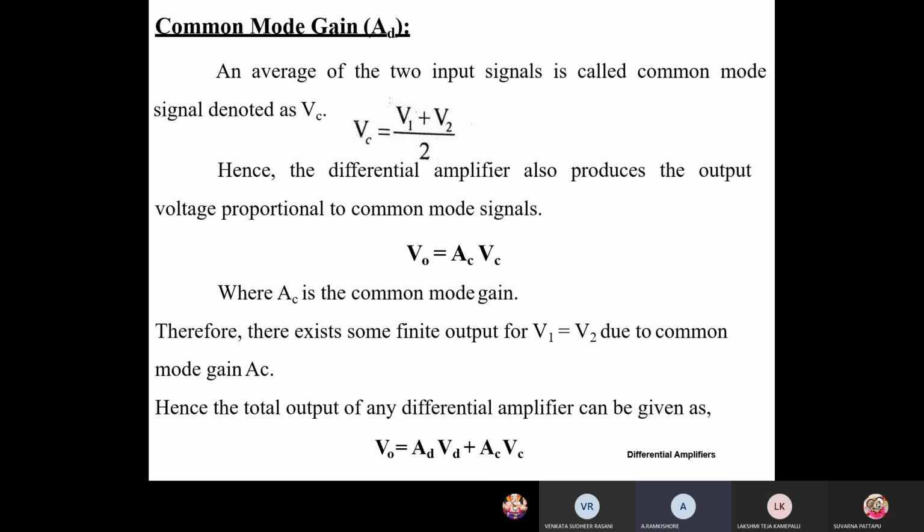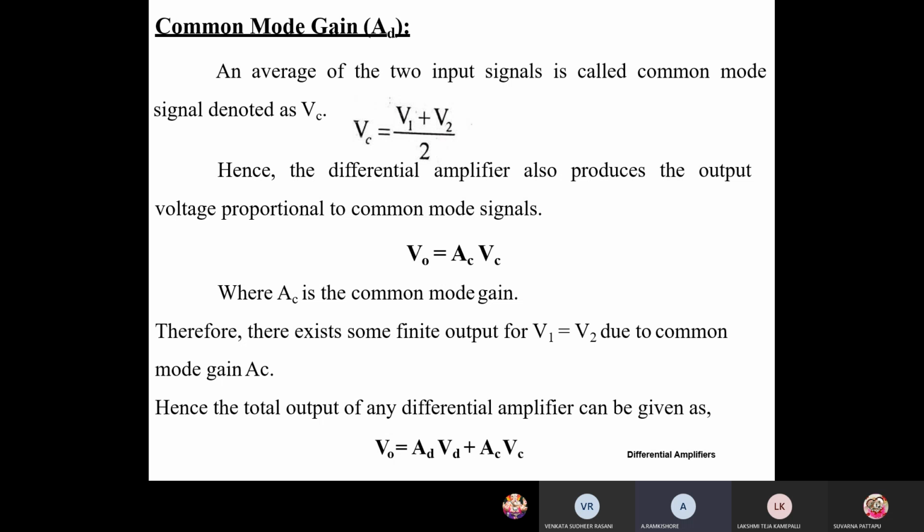But the output V0 of a practical differential amplifier depends not only on the difference voltage but also on the average common level of the two input signals. So we can consider the average value of the two inputs, that is, Vc, the common mode signal, is equal to V1 plus V2 by 2.